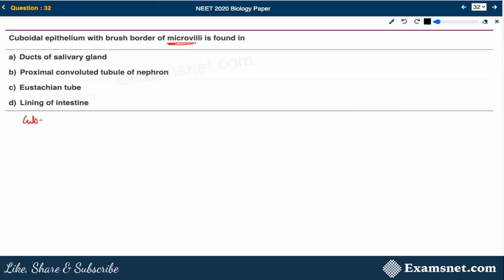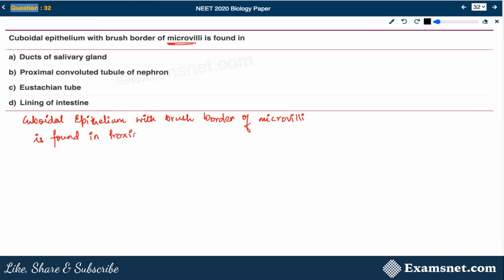So the answer will be that cuboidal epithelium with brush border of microvilli is found in proximal convoluted tubules, which is shortly termed as PCT of nephron.